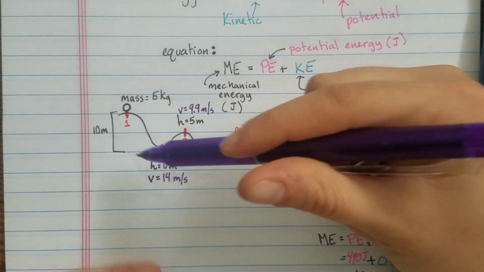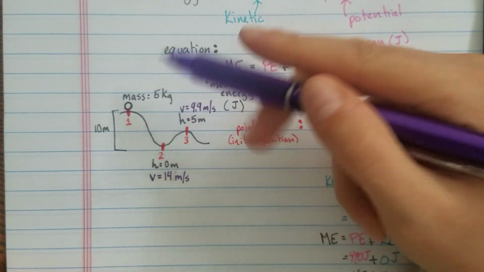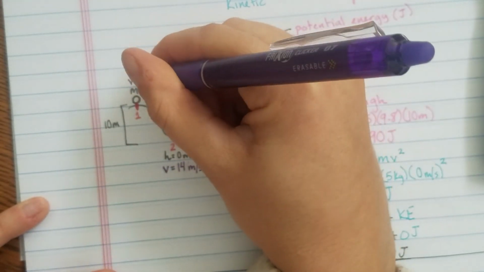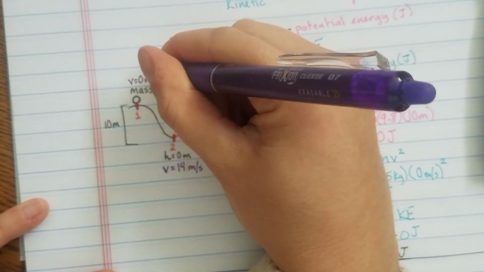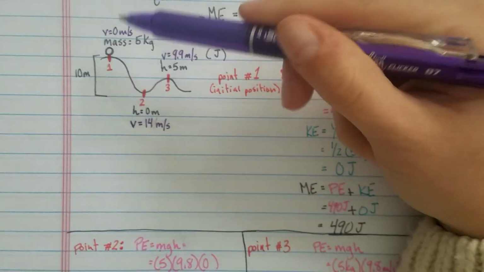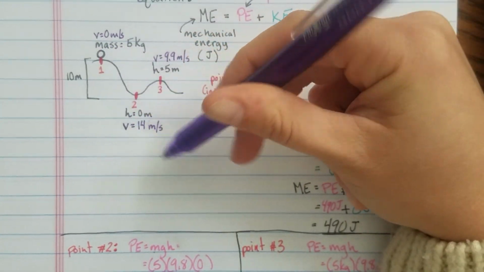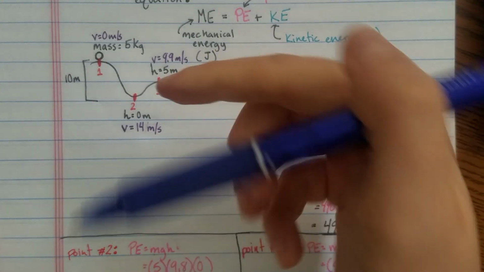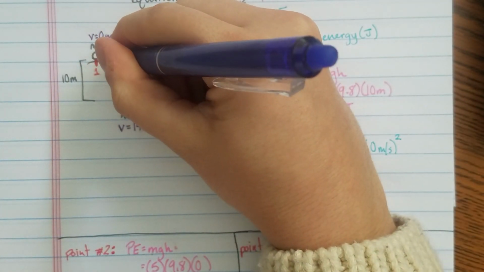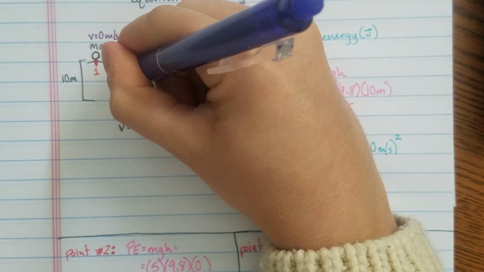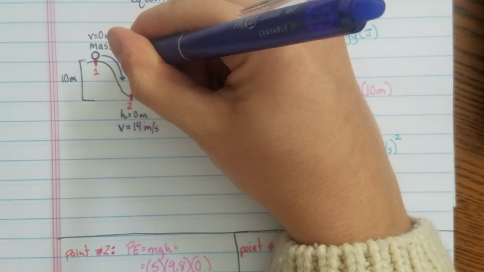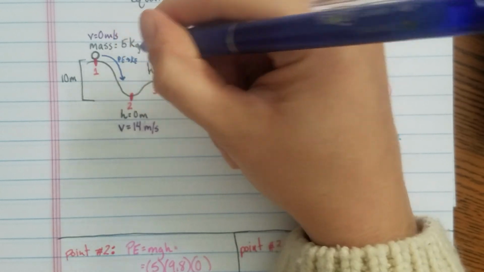So the trend I want you to notice is here, and I'll make a note of it. We started from rest, so our velocity at this point is 0 meters per second. As our object rolls down this hill, as it comes down, our potential energy is being converted to kinetic energy.